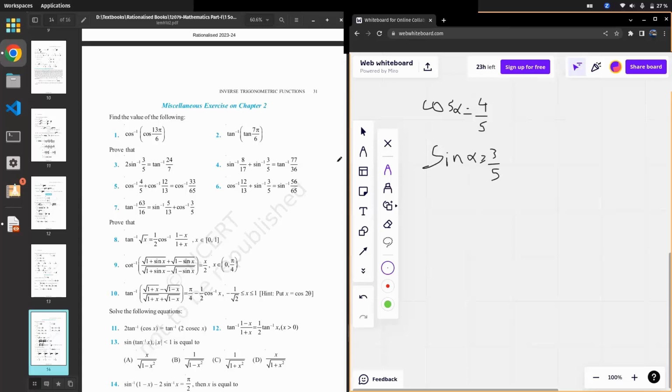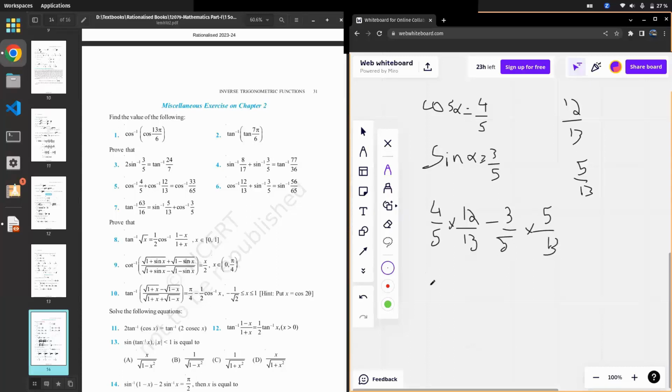Similarly, if we take cos beta is equal to 12 by 13, we'll get sin beta as 5 by 13. So now we'll apply cos on both sides. Cos of A plus B is equal to cos A cos B, which is 4 by 5 into 12 by 13, minus sin A sin B, which is 3 by 5 into 5 by 13.